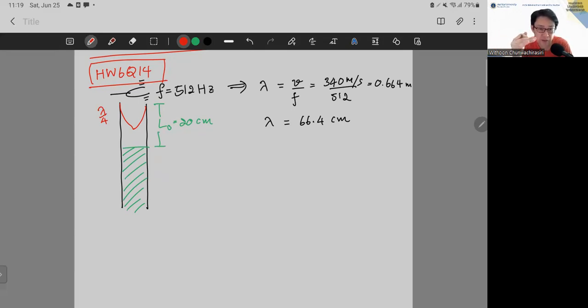The length of the air column that gives you a resonance is when it is a quarter of a wavelength. You guys with me with this? So lambda over 4 is 66.4 divided by 4, which is 16.6. So when the water level is down from the top of the tube to 16.6 centimeters, you will hear the loud sound coming out of the air column.